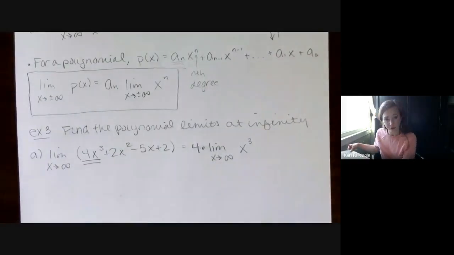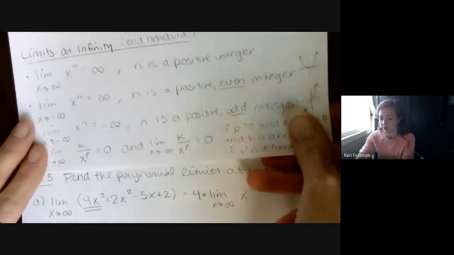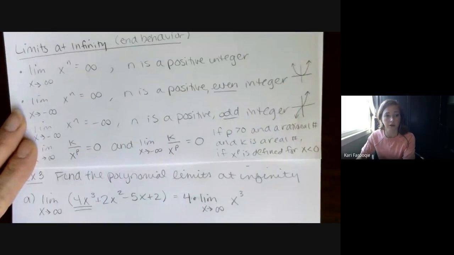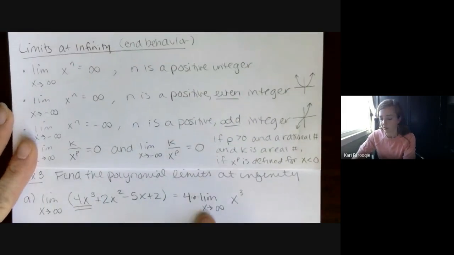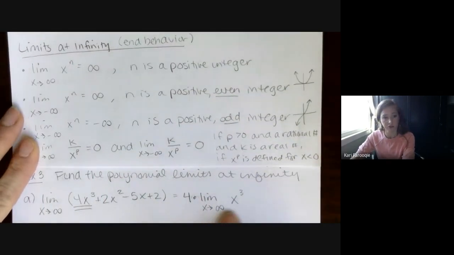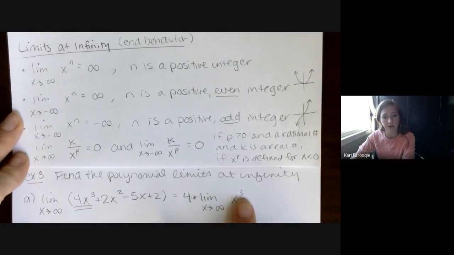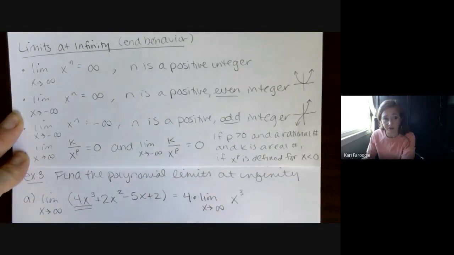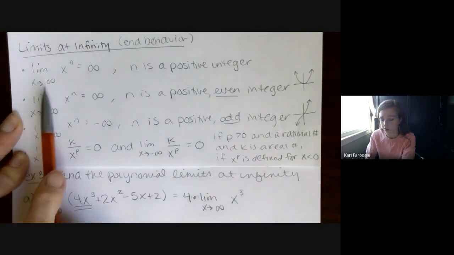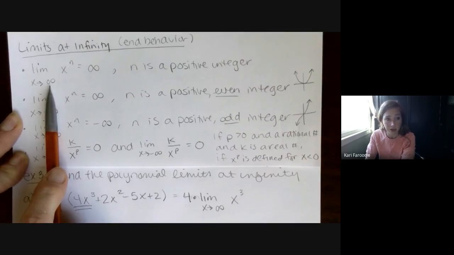And now you're going to refer back to what you wrote down last time. We are looking at a situation where we're taking the limit as x approaches infinity of x to the n, and in this case, n is odd and it's positive. So whether it's odd or even, as long as it's heading towards positive infinity, doesn't even matter.